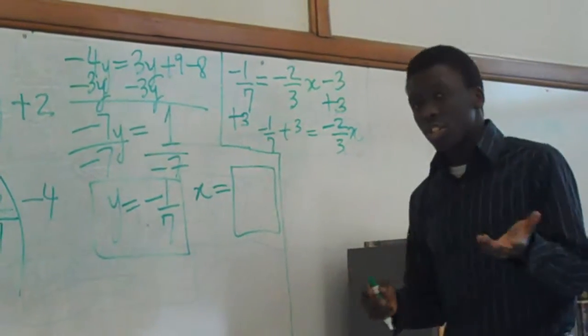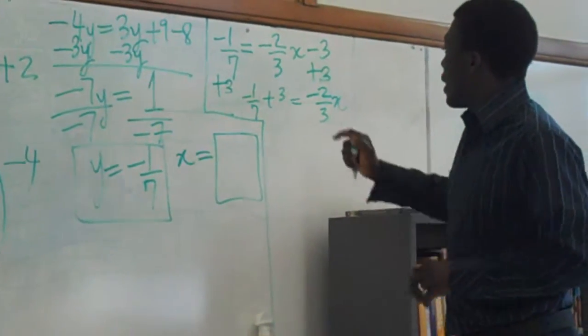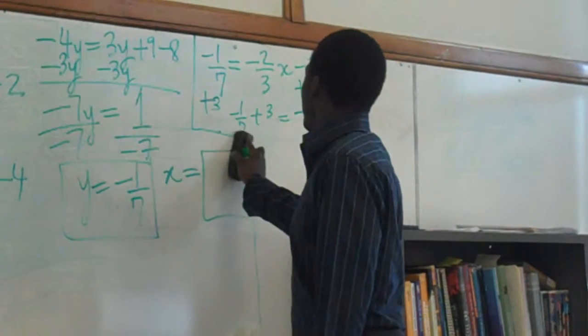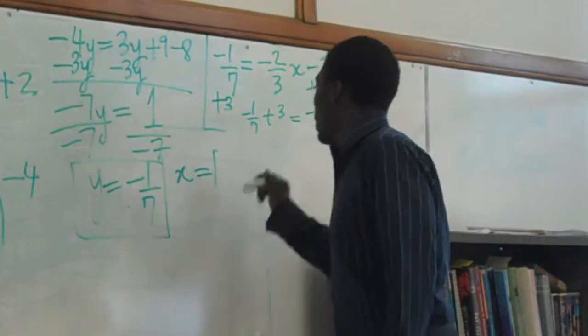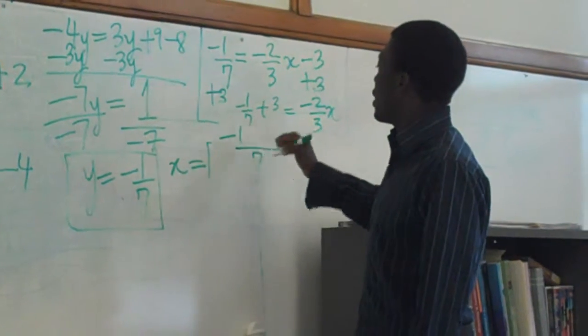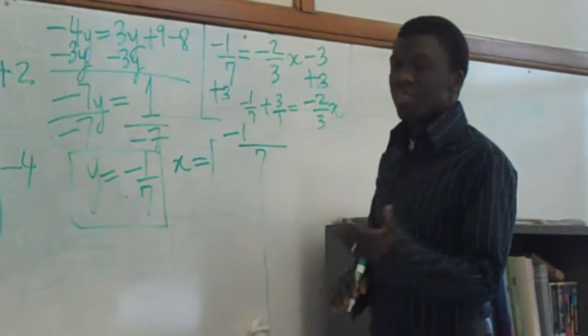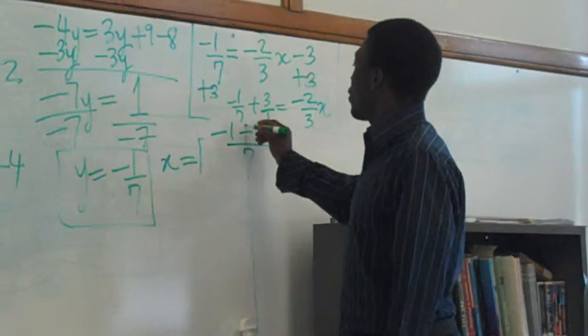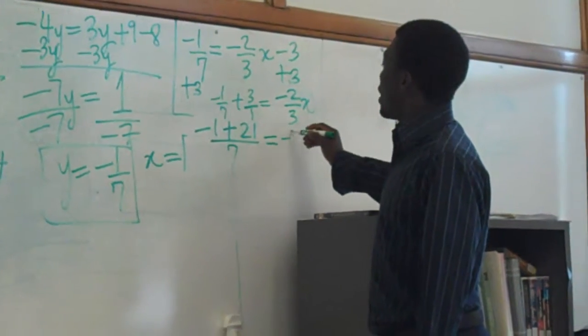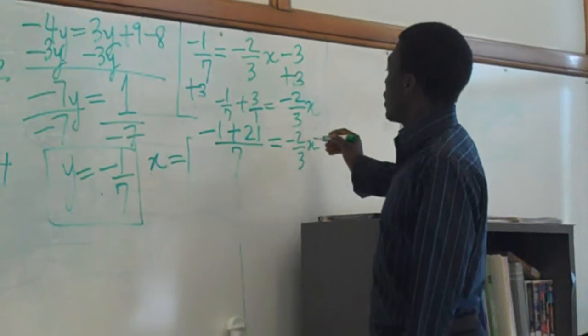We're trying to make x the subject of the formula here. The common denominator is 7. 7 goes into 7 once times minus 1, and then 1 goes into 7 times 3 will give us minus 1 plus 21, is equal to minus 2 over 3x.